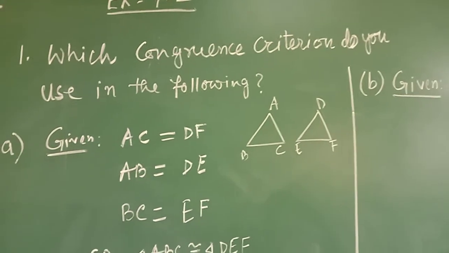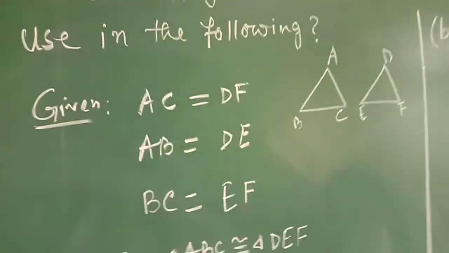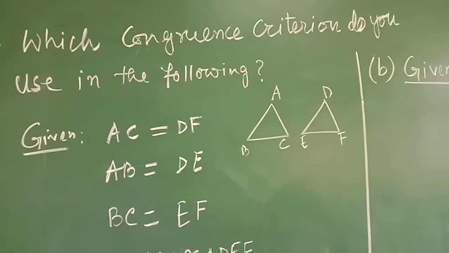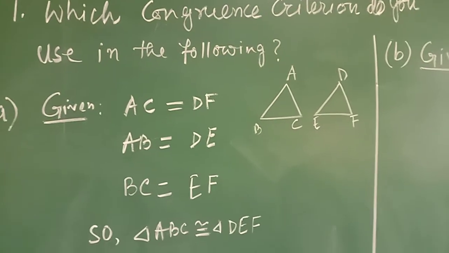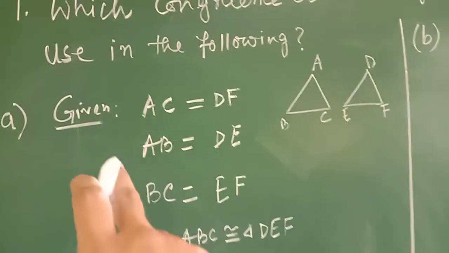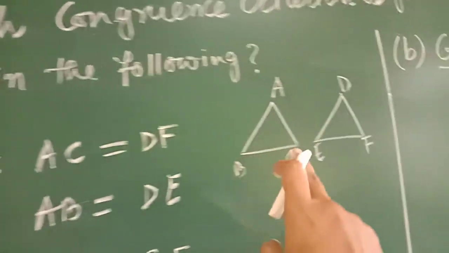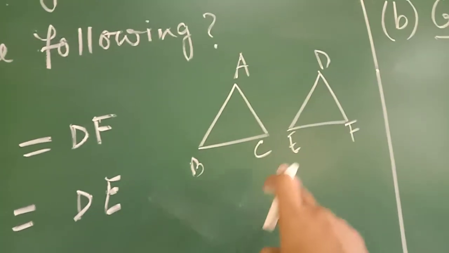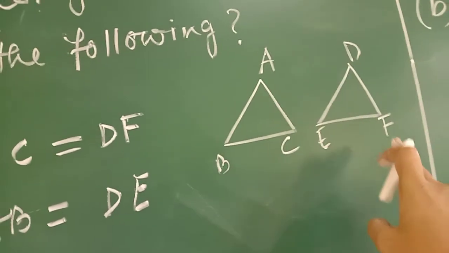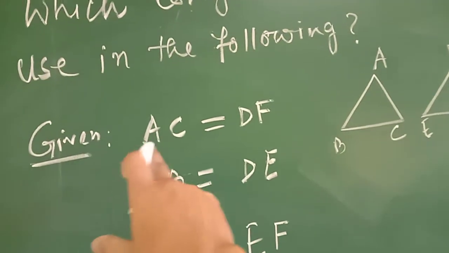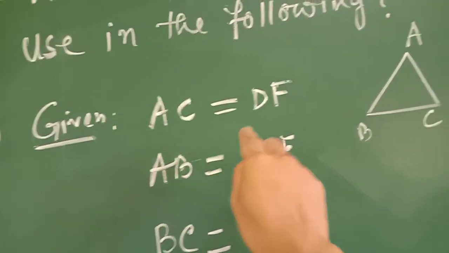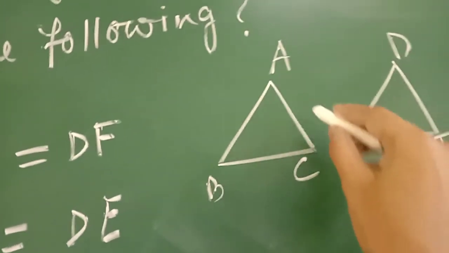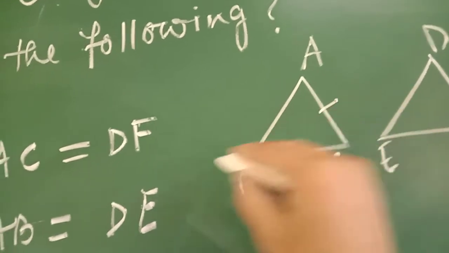So, keep in your mind that you have 4 criteria in your hand as a clue. Some questions are given here. See, triangles ABC and DEF are 2 triangles where it is given in the question that AC is equal to DF.